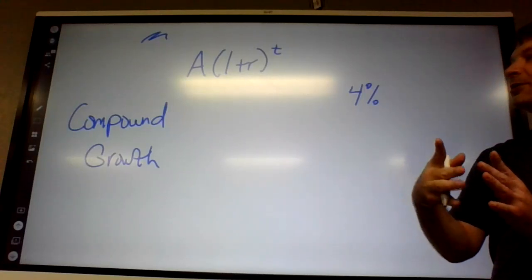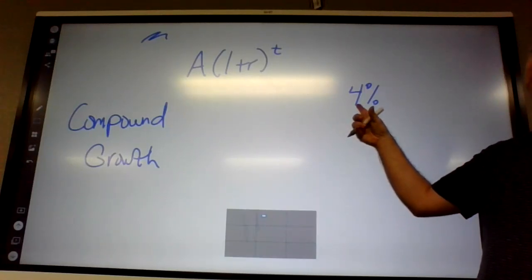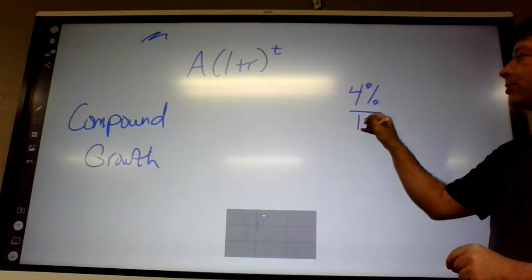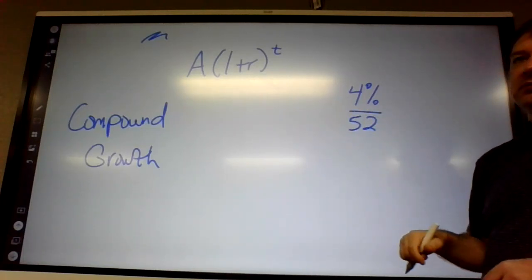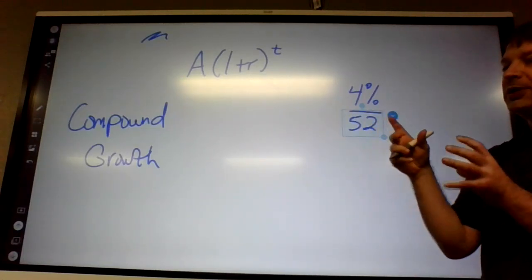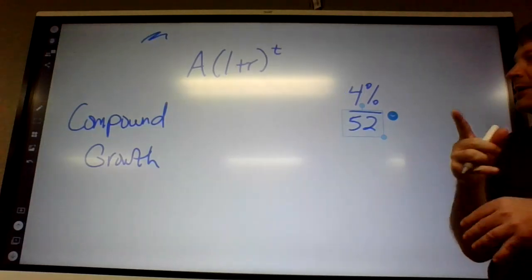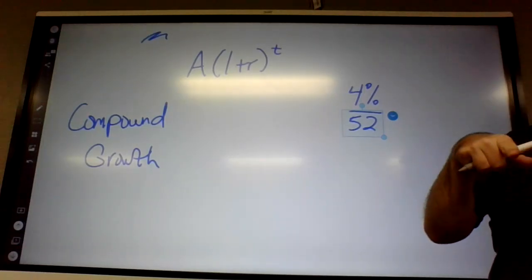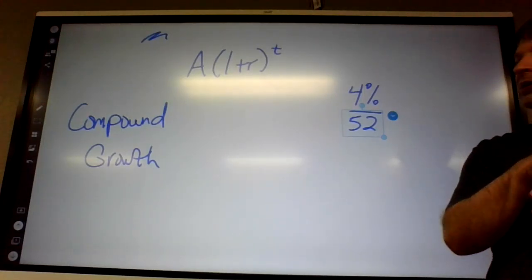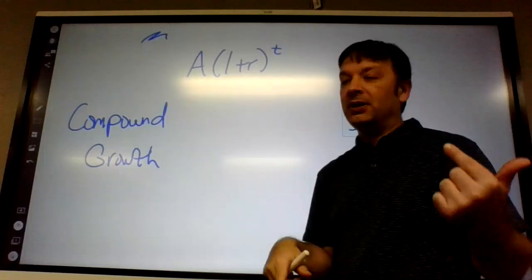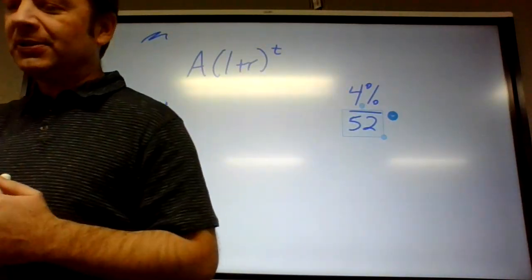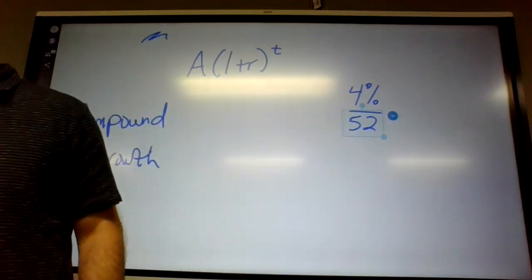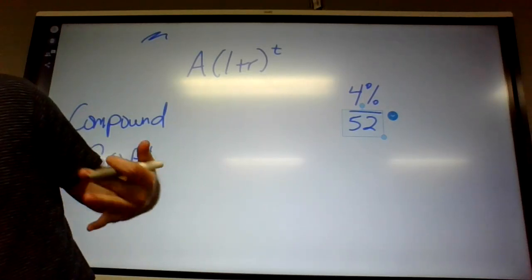At the end of every month, you don't get the whole 4%, you only get 1/12. Or if you're getting paid weekly, you would get that divided by 52. So you only get a small percentage every month. But because you get it earlier, you'll get paid a little bit more because you're getting interest on your interest. So it just makes a slight difference and gives you a little bit more money. Or if you're borrowing money, you pay a little bit more money.